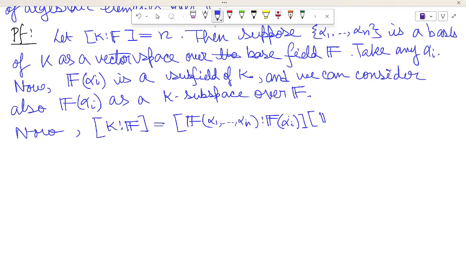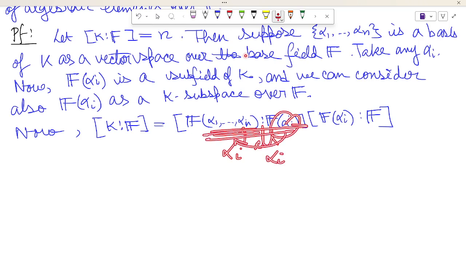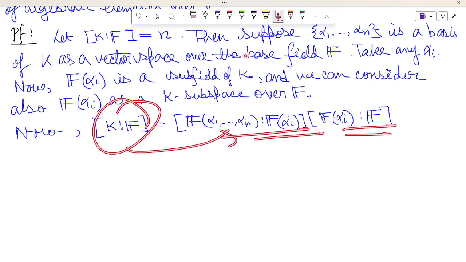All the alpha i's are contained here, so K is also a vector space over F(alpha i). Both are finite, and this term times something is this, so that will divide this.